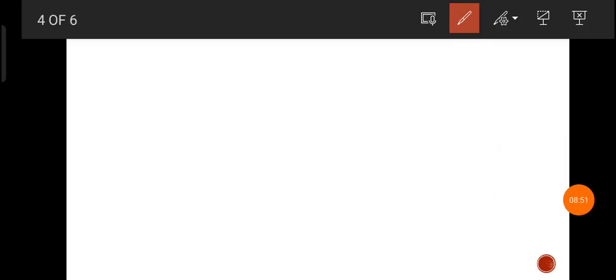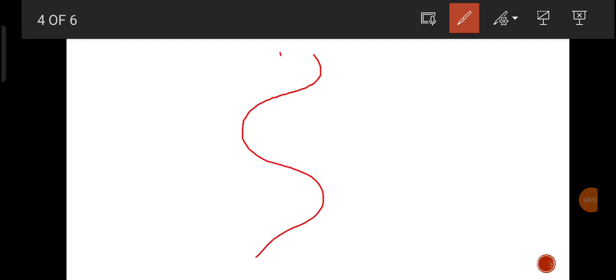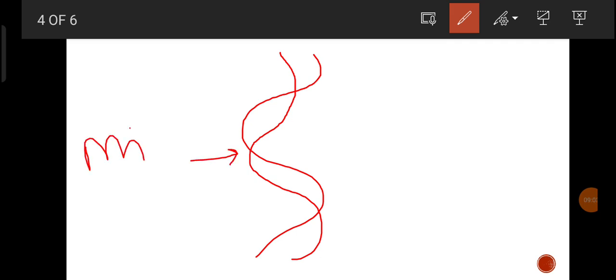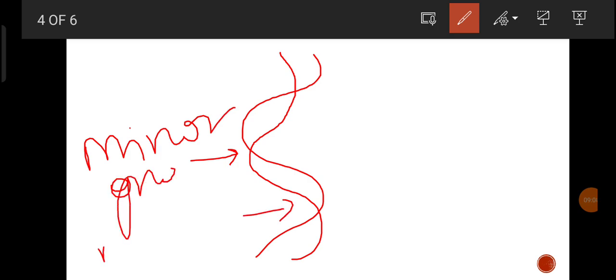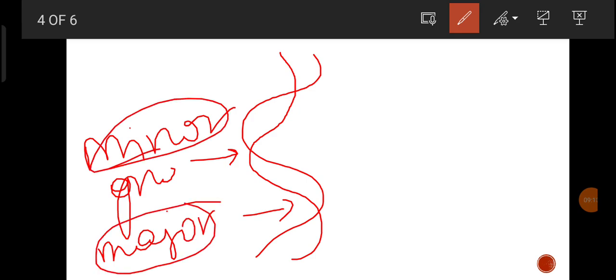Another thing about DNA is the major and minor groove. What is the major groove and what is the minor groove? Let me draw a diagram. You can see this is the minor groove, and this is the major groove. Why am I talking about the minor and major grooves? Because they provide attachment for histone protein.